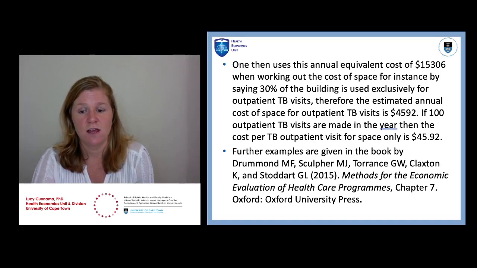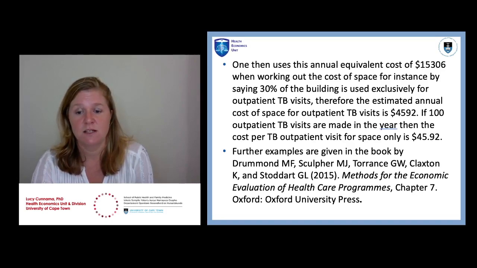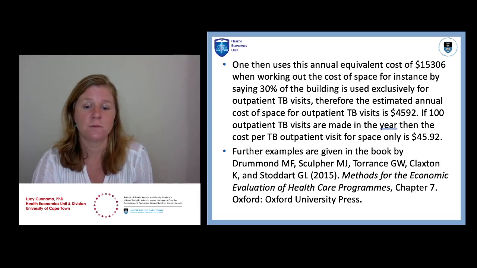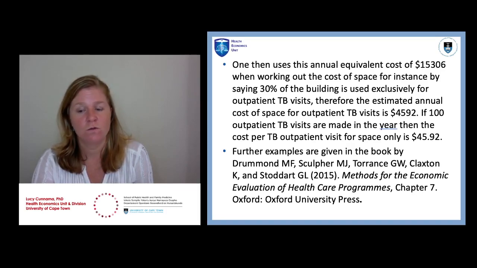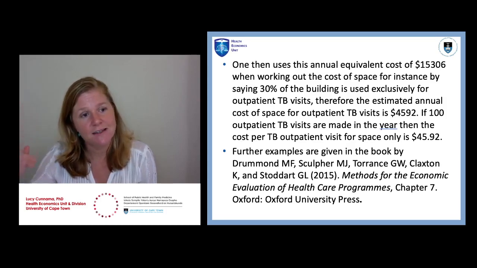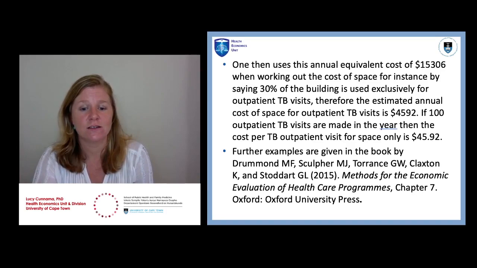So we would say that the TB space for outpatient visits costs this amount. If we then have 100 outpatient visits made for TB in the year, the cost per TB outpatient visit for the space would be $46. And in that way we can allocate the costs.